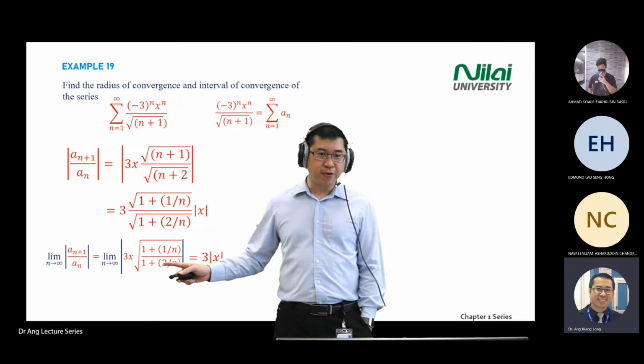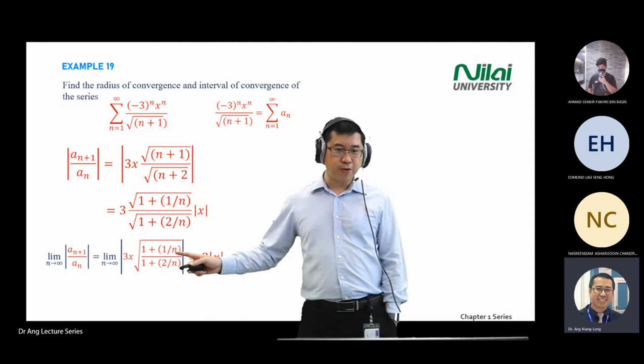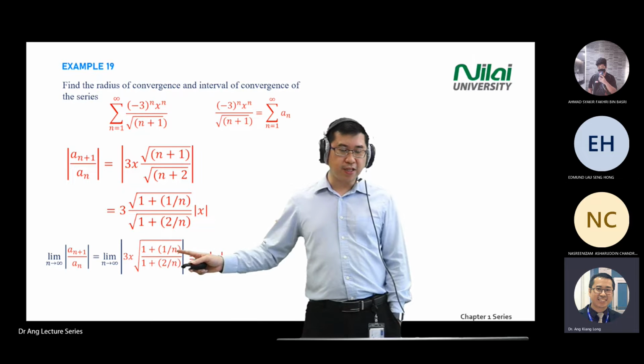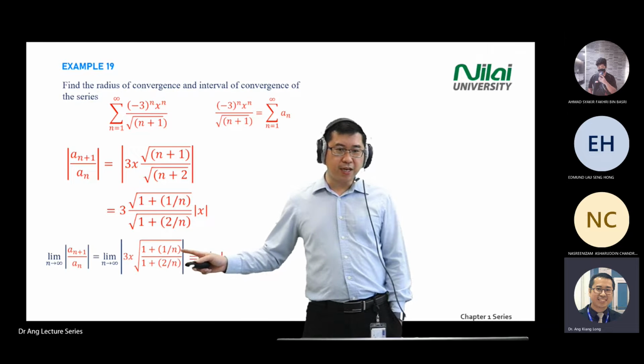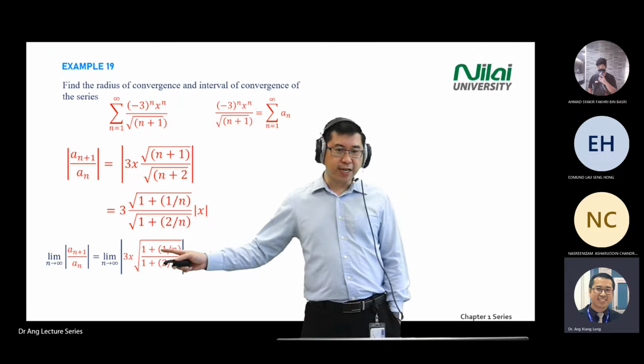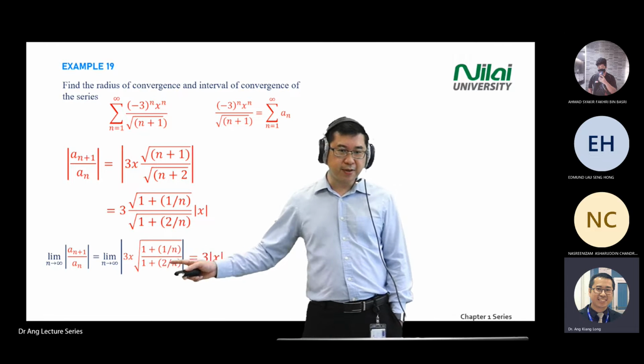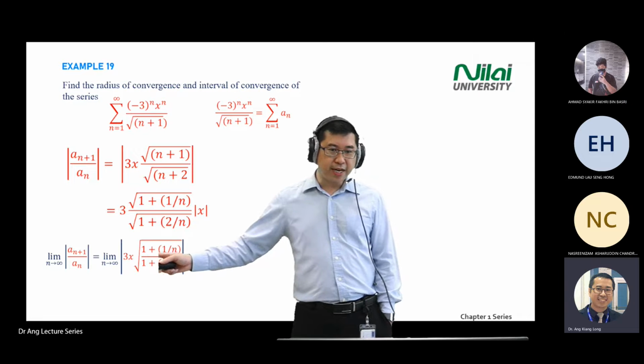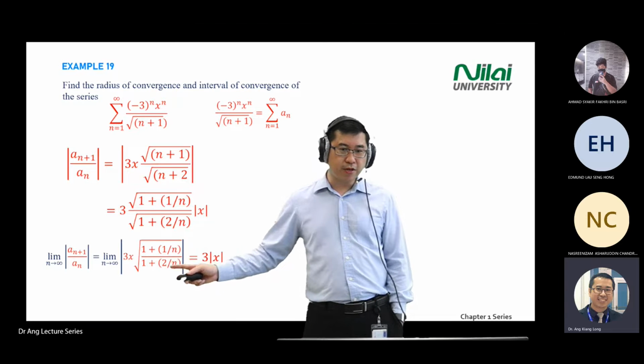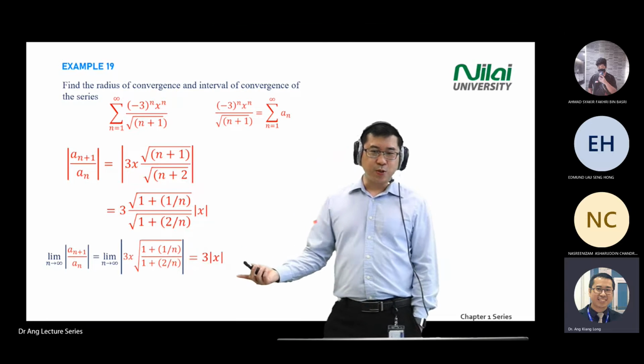So it's a very, very small number, near to 0, you can cancel. On the top also, what happened as n goes to infinity? 1 over 1 million, also a very, very small number, 0.000. So you can cancel this one, and this one. 1 divided by 1, square root, you still get 1, right? So the square root of 1, you get 1, right?